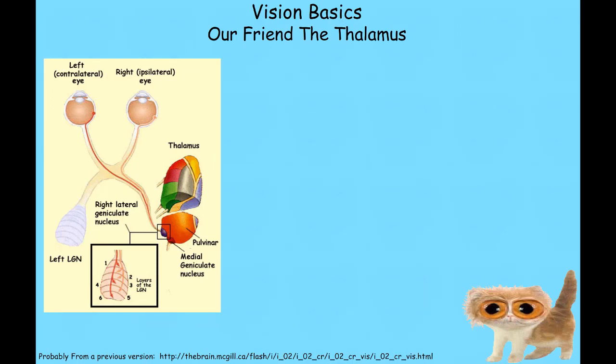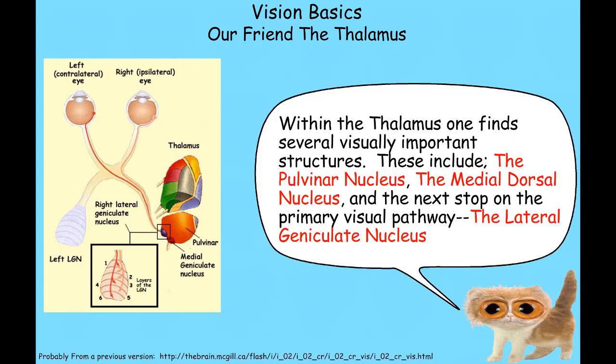So the second stop now is the lateral geniculate nucleus. And it's part of the thalamus, which is a bilateral, one on each side, organ in our brain. And it has a number of visually important structures: the pulvinar nucleus, the medial dorsal nucleus, and the one that we're focusing on, the lateral geniculate nucleus.